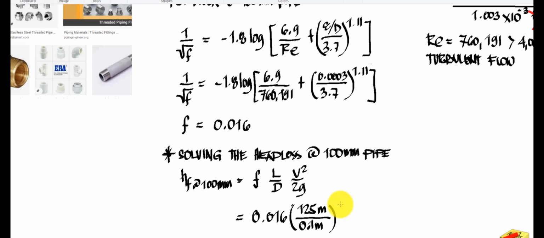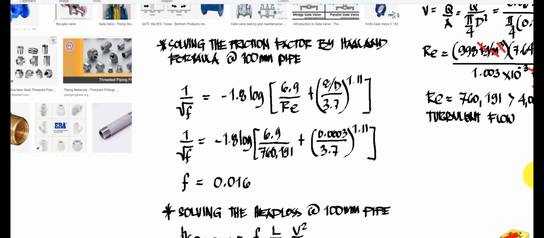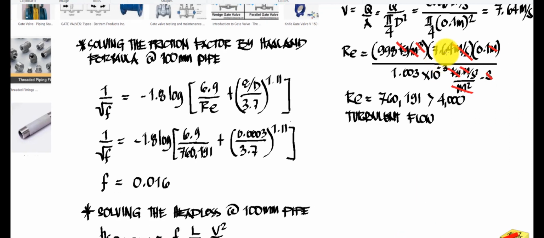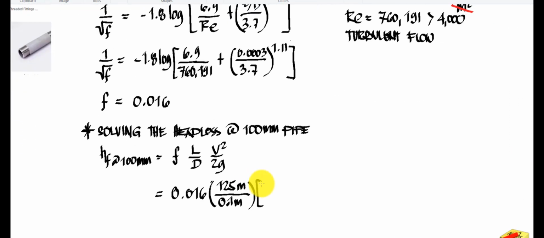Then we're gonna multiply it by the velocity. So taking the velocity, that will be 7.64 meter per second. So raise this one to square, divided by 2 times the 9.81 meter per second squared.